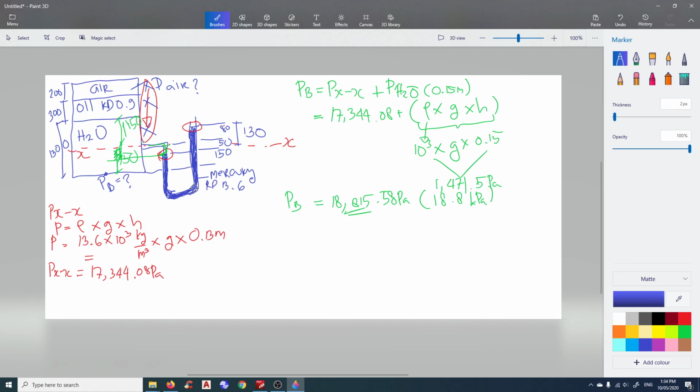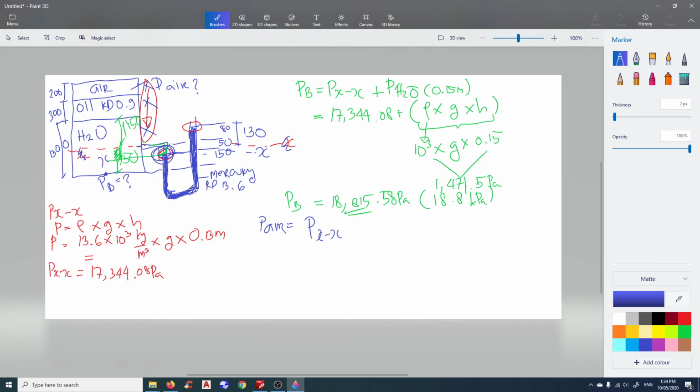Now we can write the pressure of the air is actually the pressure at XXX. I think I drew the X wrong. So X is from this point there, not at the entry of the manometer. That's why I got confused. So point X is this point.